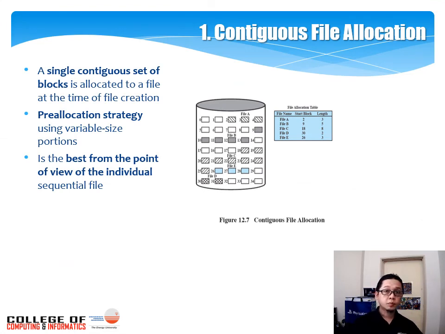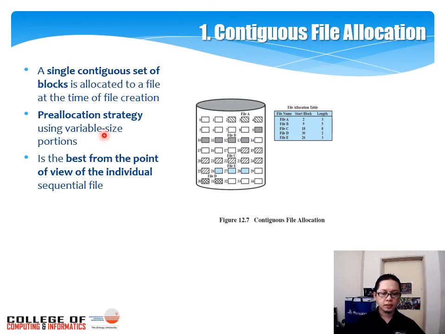For the first approach, which is the contiguous file allocation, this is allocated to a file during the time of file creation. So this is a file pre-allocation strategy using variable size portions according to the estimated needs of the file.